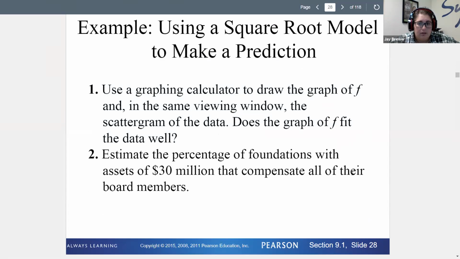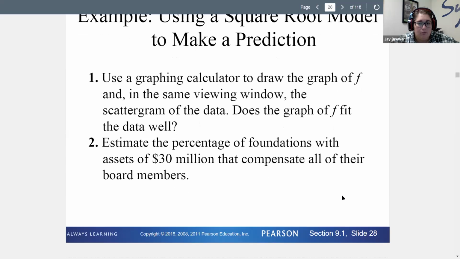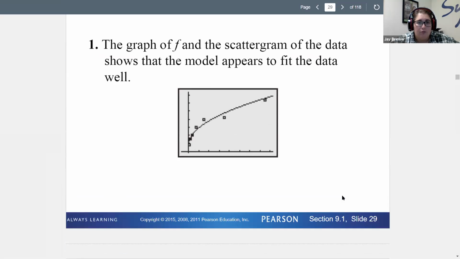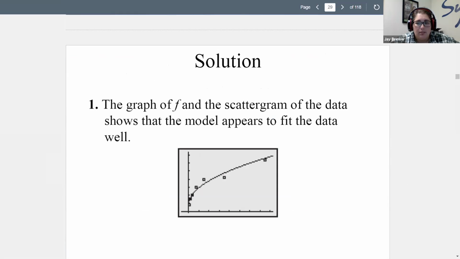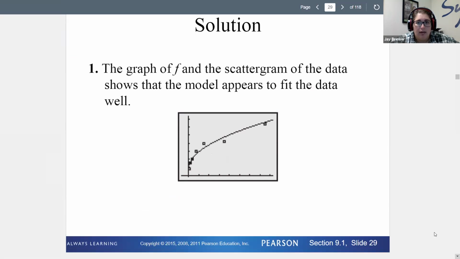Estimate the percentage of the foundations with assets of 30 million that compensate their board members. We're just going to go through it. I'm not going to have us try to do that right now. You, by all means, can do it on your own time. In fact, it's highly encouraged. I believe you can also do it with Desmos, but you have to do it kind of interestingly, so I would definitely watch a YouTube video on it.